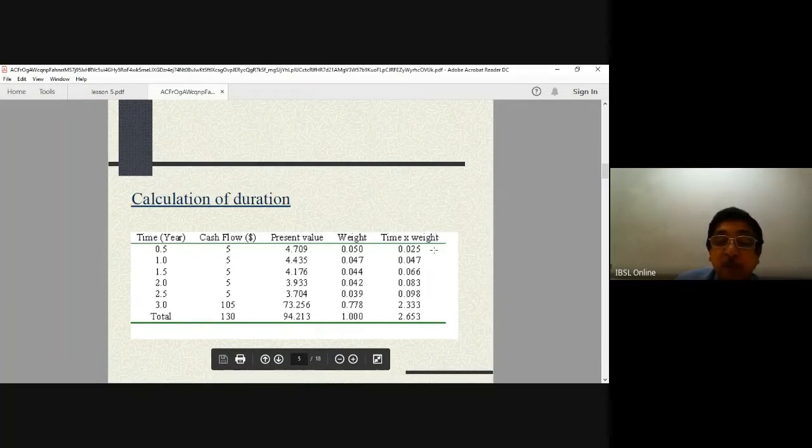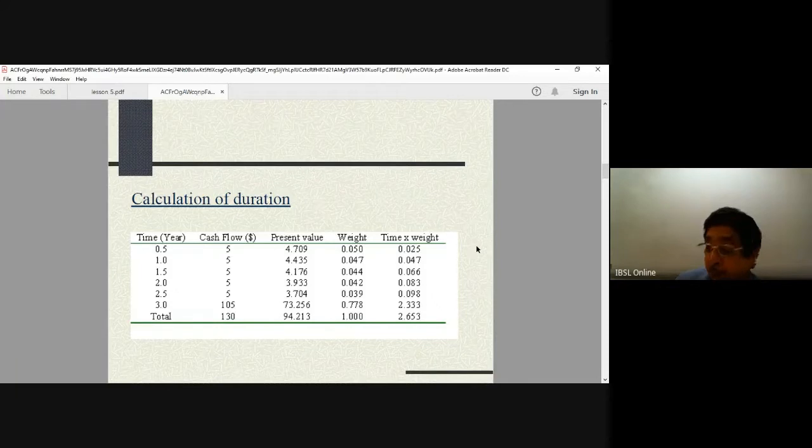Then you put the values here. Then you have another column, time squared into weight column. Can you add that column here? Today we are going to measure the convexity of this bond.